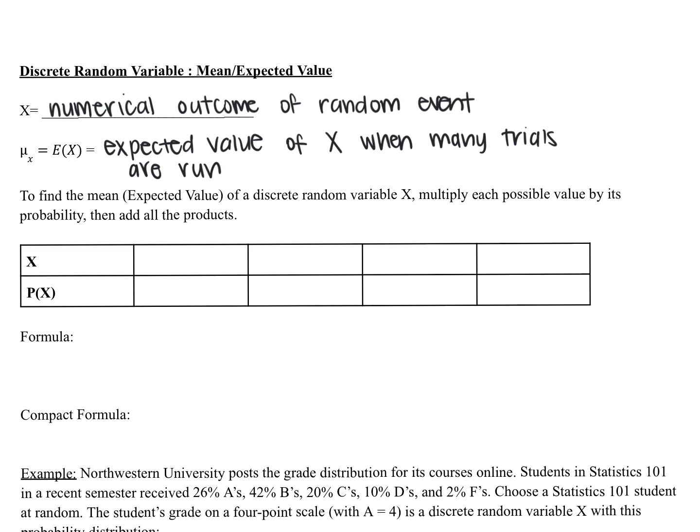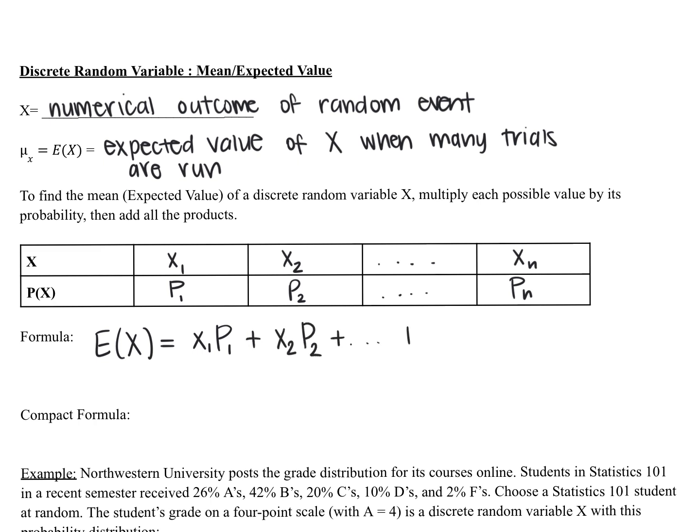So what you do is you multiply each possible value by its probability and then add all of those products together. So if I have my outcomes x1, x2, all the way up to x sub n, and I have my probabilities, probability 1, probability 2, all the way up to whatever my nth probability is, the formula, if you write it out, is E of X equals x1 p1 plus x2 p2 all the way up to whatever your nth value and probability is.